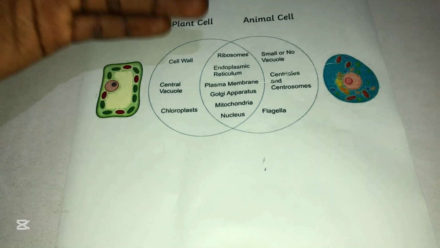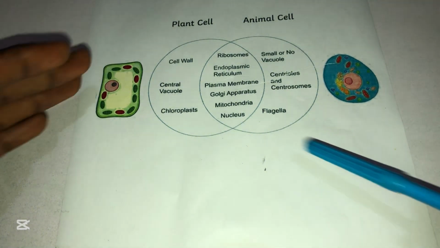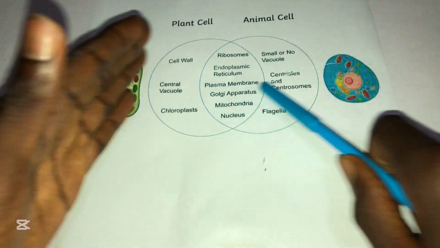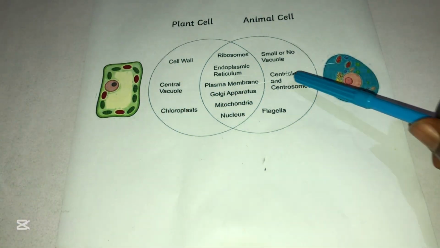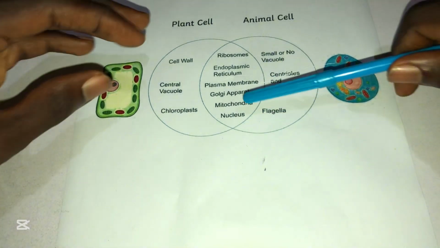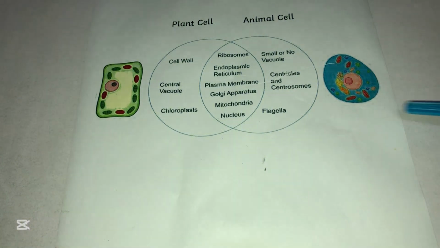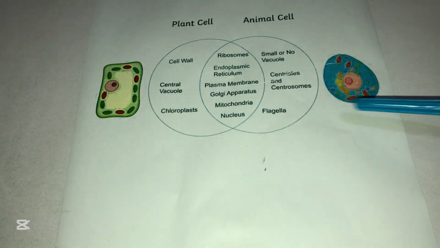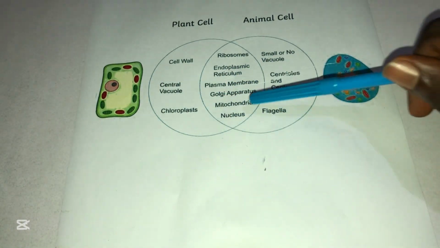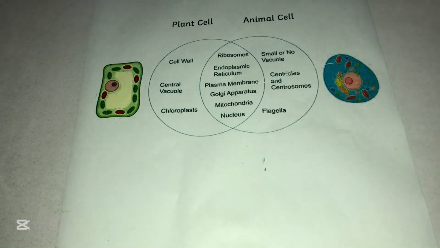For example, in the case of meiosis and mitosis, the chromosomes are pushed towards the poles. So these centrioles form that matrix, those fibers, the tubules that enable the chromosomes to be pulled towards opposite poles.